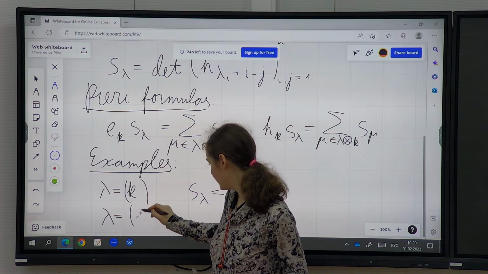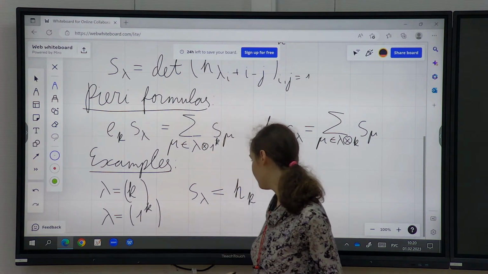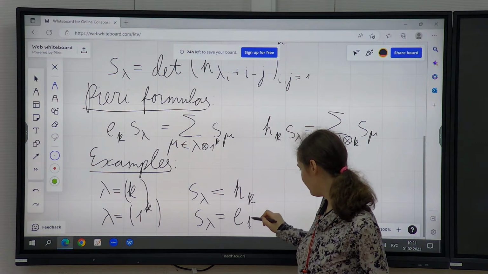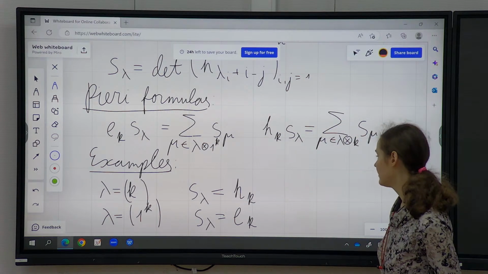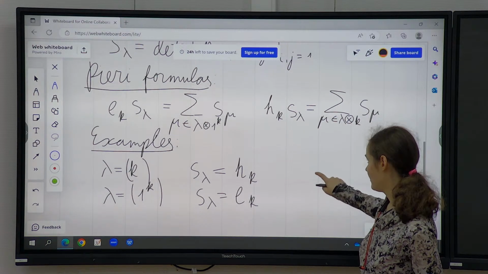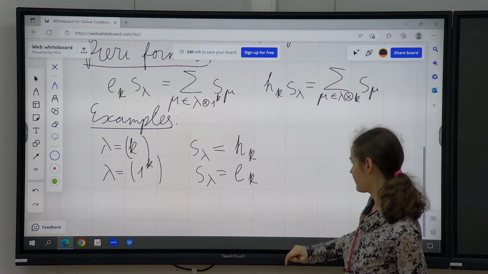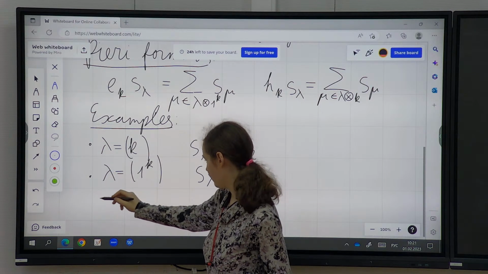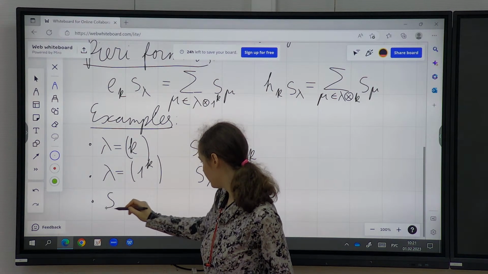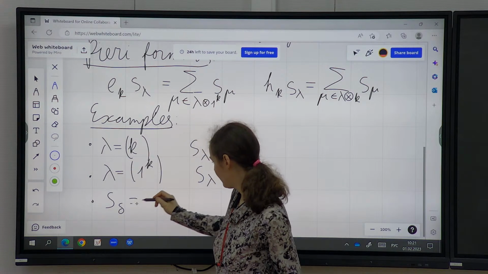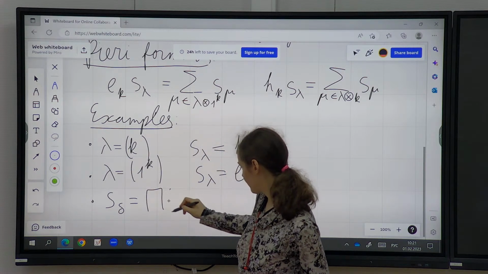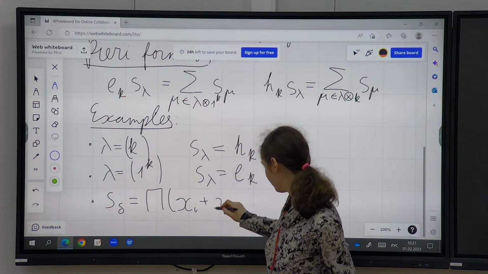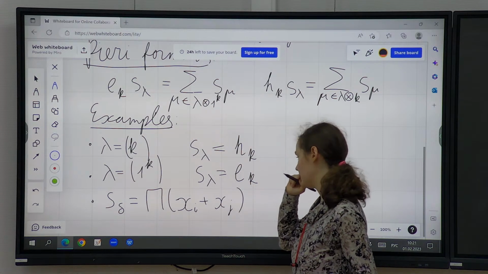If lambda is a column of boxes, then it is an elementary symmetric polynomial. Also we computed s delta, which was a product of sums of variables.